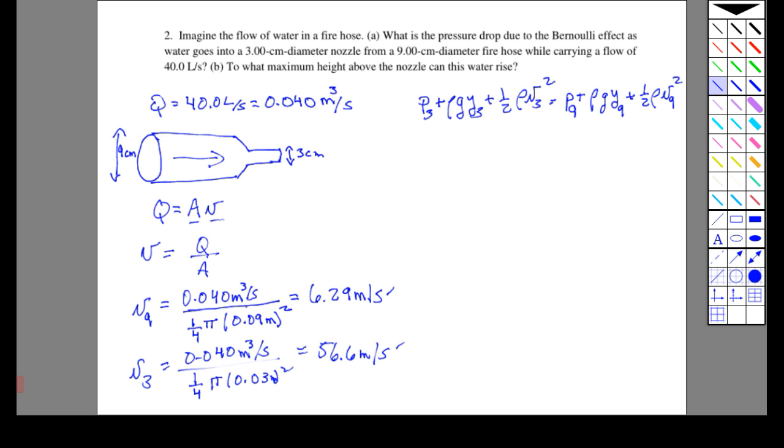Okay, so basically the left-hand side is dealing with the nozzle, and the right-hand side is dealing with the hose.